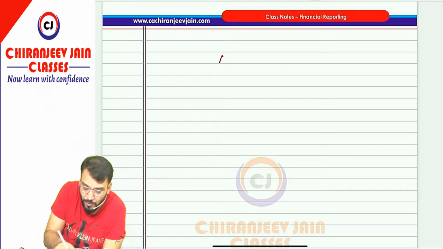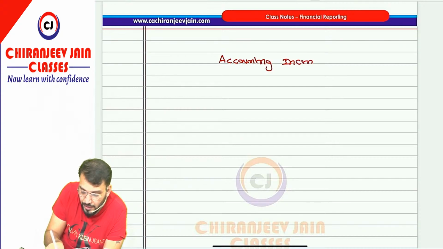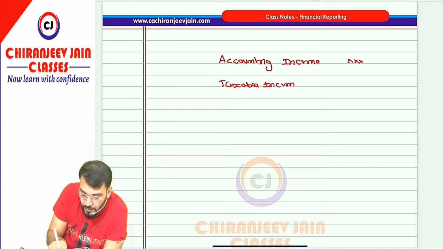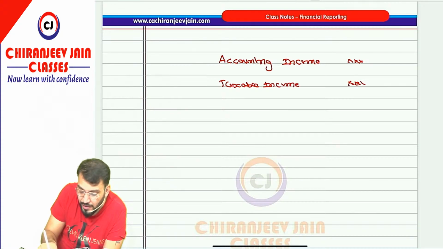First we need to find out accounting income. From this accounting income we should compare this accounting income with taxable income. Now the difference between this accounting income and taxable income can be due to two reasons.